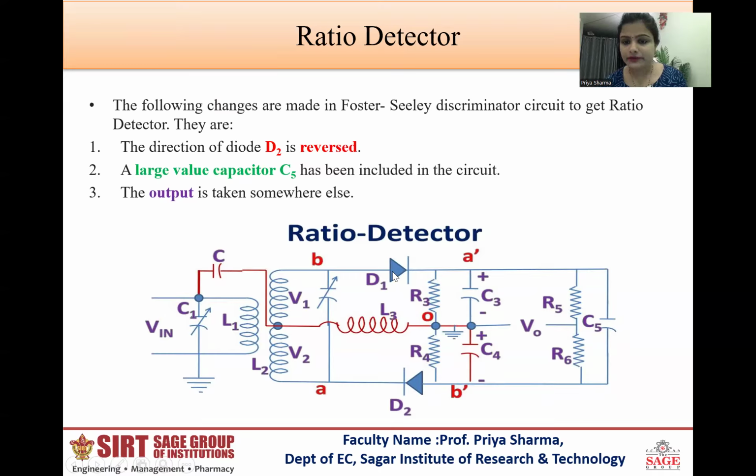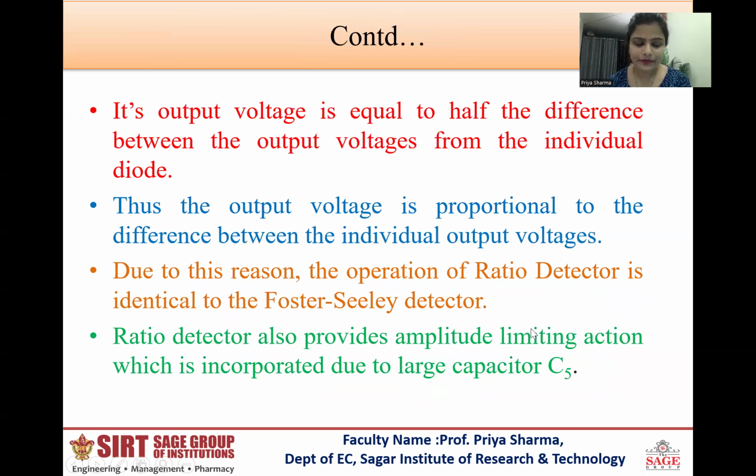Earlier in balanced and Foster-Seeley, they were both facing the same way. But in this, the position of D2 has been reversed. A large value capacitor C5 has been included in the circuit and the output is taken here. Earlier in Foster-Seeley and balanced, output is taken here. But in this, output has been taken here. So let's discuss how it has overcome the limitations of this.